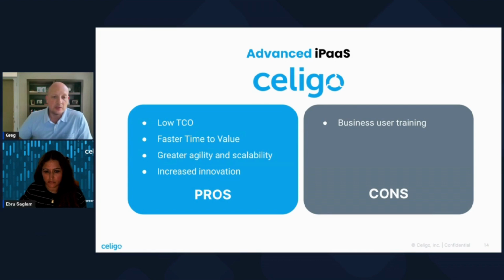We're able to get value quickly. It automatically scales, and we're able to get access to business users and more of a business analyst skill set to build these integrations rather than a technical developer in a lot of cases. And that helps just in terms of finding the available talent to actually do the work.